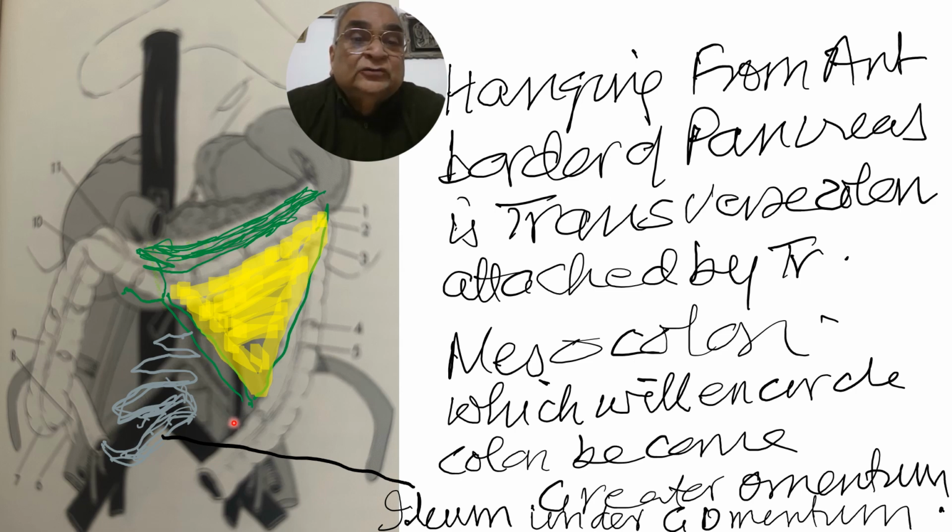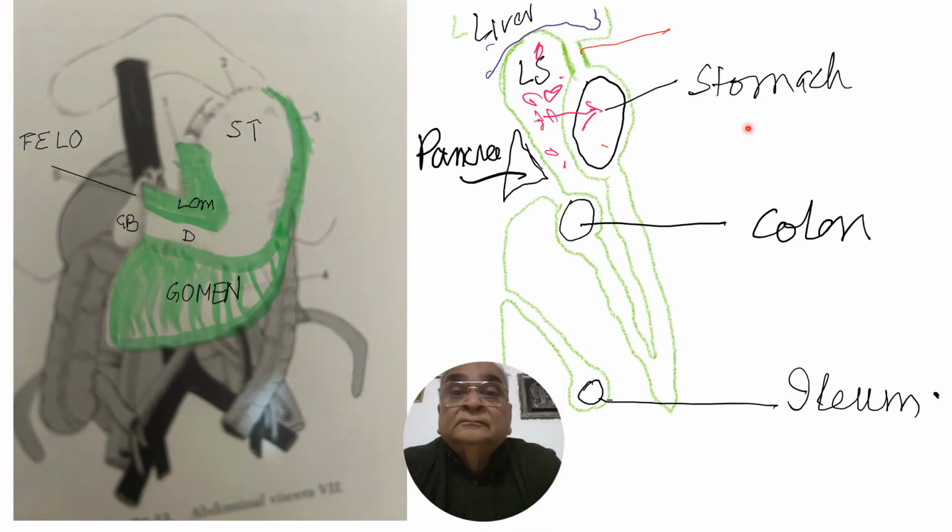The posterior two layers will wind on itself and then come to enclose the stomach and become the lesser omentum. So this is what you see in this particular diagram. So this is the pancreas. These were the two layers which were the transverse mesocolon.